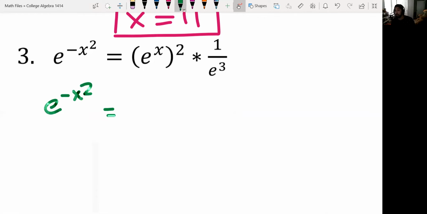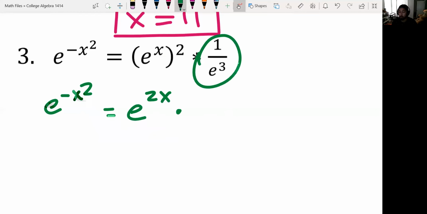And now we must simplify the right side using exponential properties. So first up is e to the x squared. You have power to a power, which you would put together by multiplication. So that would become e to the 2x times. And now we need to figure out how to write 1 over e cubed. What is another way to rewrite this?